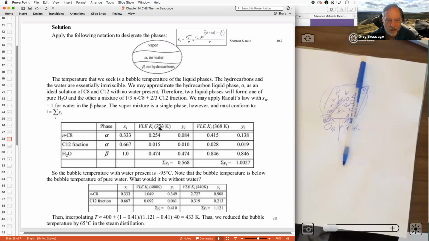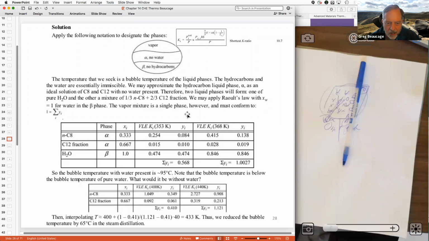So at 353 for the p sats, then you just change the temperature until you get that to be 1. Then you can find out the composition of the vapor phase that's in equilibrium with that liquid phase, so it's 100% liquid. That's a bubble point. And then the temperature is the temperature you're looking for. So it's 95 degrees C.